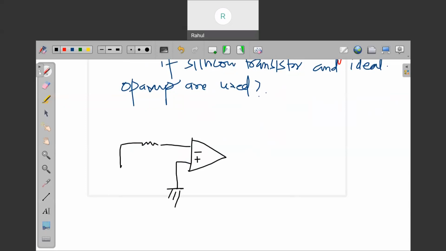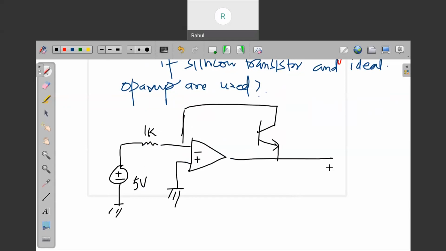Here you can see this is 5 volt and this is 1K. Now there is a transistor connected to it, and there is V out, and your base terminal is grounded.